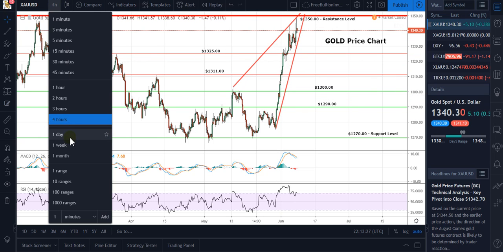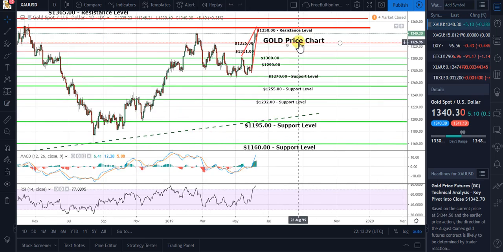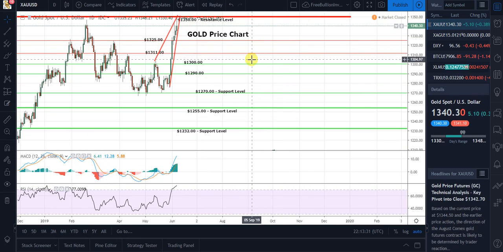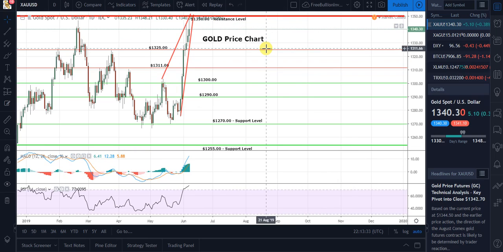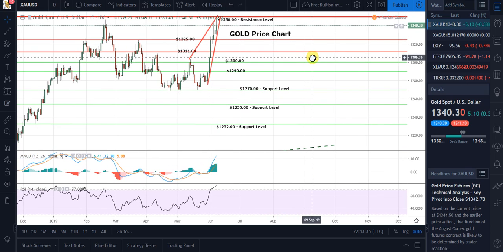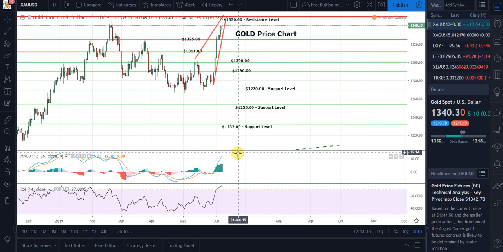If I move to the daily chart, as you can see, practically every day we've gone higher and higher in price, and even more so in the MACD and the RSI on the daily chart. You can clearly see that we're getting in well oversold territory.